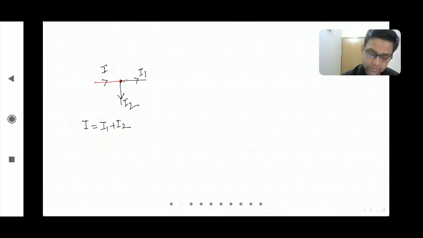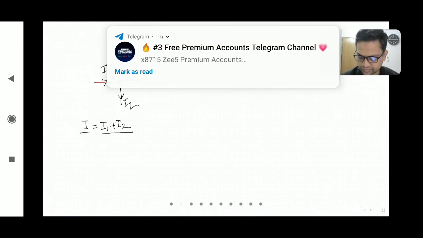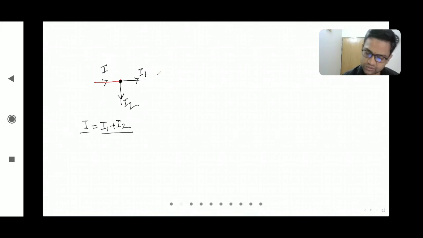Always remember that Kirchhoff's law is used at a junction. For any junction of a circuit, incoming current is equal to the outgoing current. So I is the incoming current, and I1 and I2 are outgoing currents. So you can say that the incoming current of any junction is equal to the outgoing current. This is one way to explain.